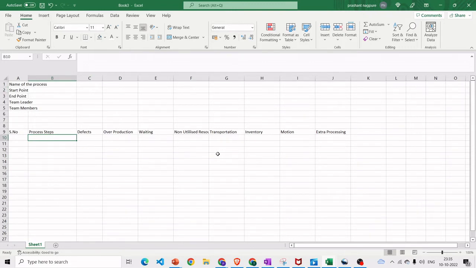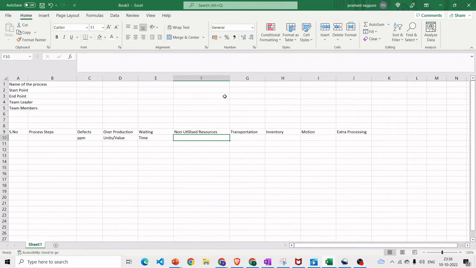Next thing we'll do is add some units, typical units that we will measure these wastes. So let's say defects can be measured in terms of ppm, overproduction can be in terms of units, value, waiting can be in terms of time, non-utilized resources can be a qualitative parameter, you can answer as yes or no, transportation can be in distance, kilometers, meters, depending on what you are measuring.